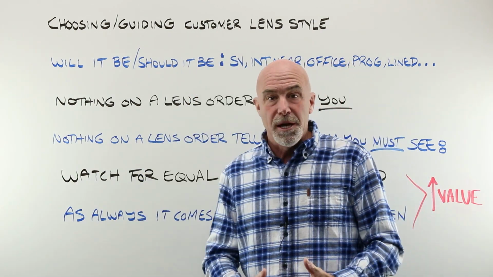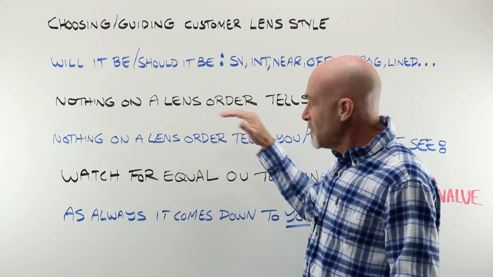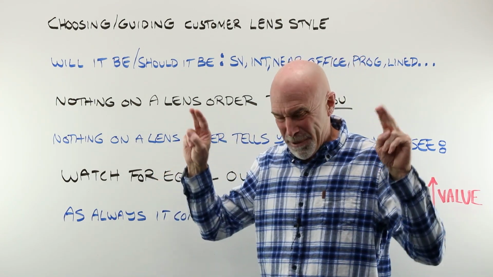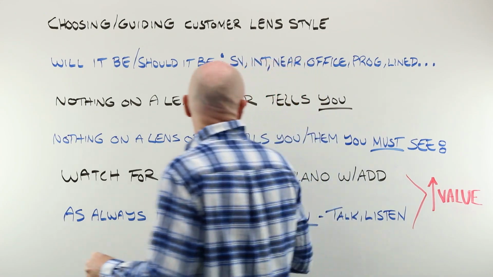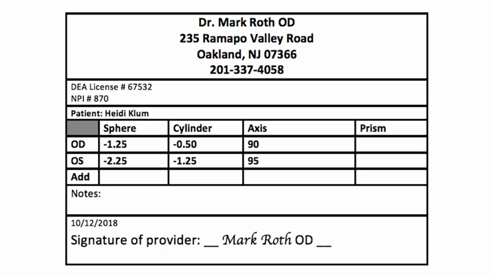Because here's the thing. There is nothing on a lens order prescription that tells you. Here is a great example. You might assume distance and single vision. You'd probably be right. But there is nothing on that slip of paper that says that.